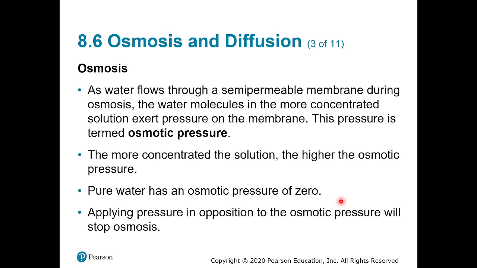It's possible to see. So again, as water flows through your semipermeable membrane during osmosis, the water molecules are going to move to the more concentrated solution. They're going to exert pressure on that membrane. And again, that's the osmotic pressure. That's actually the force of it exerting that pressure and moving towards the more concentrated solution.